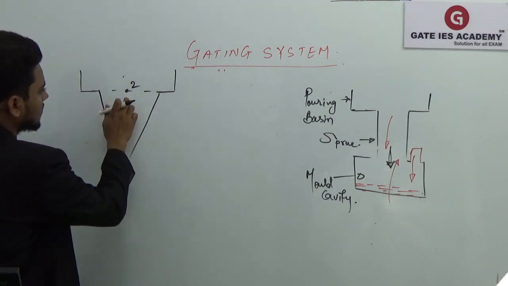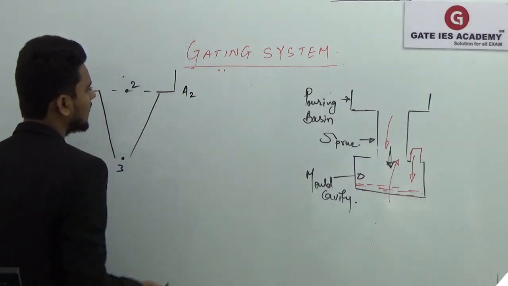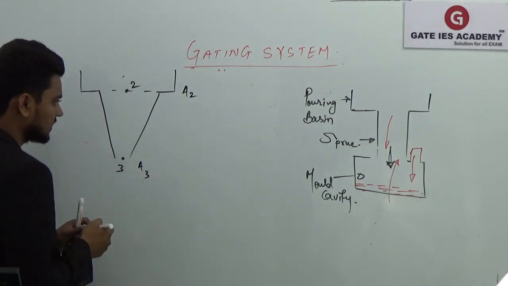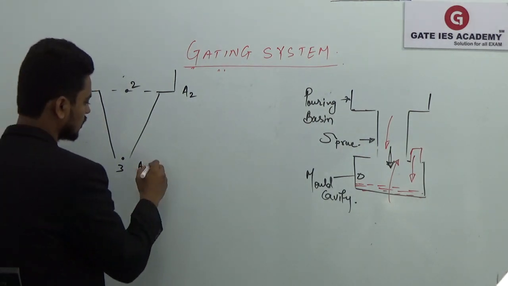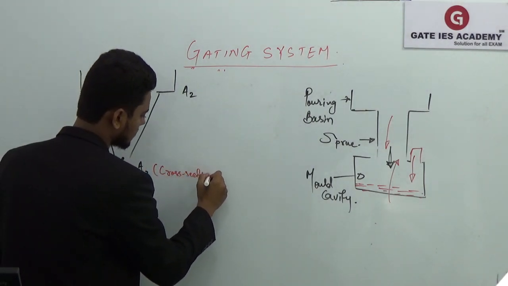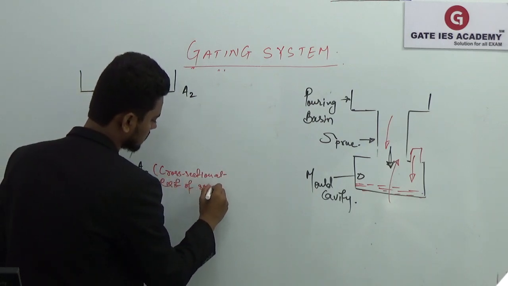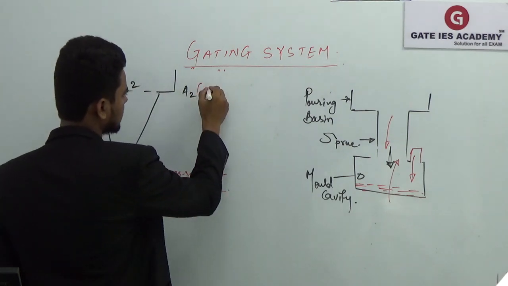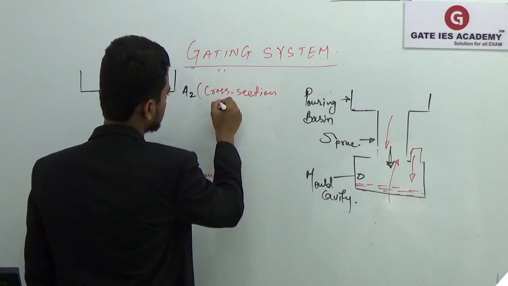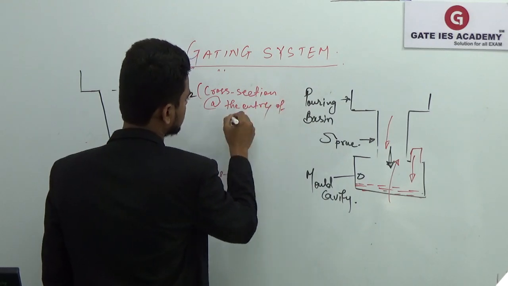So the cross section at the entry of your sprue is A2 and the cross section at the exit of your sprue is A3.